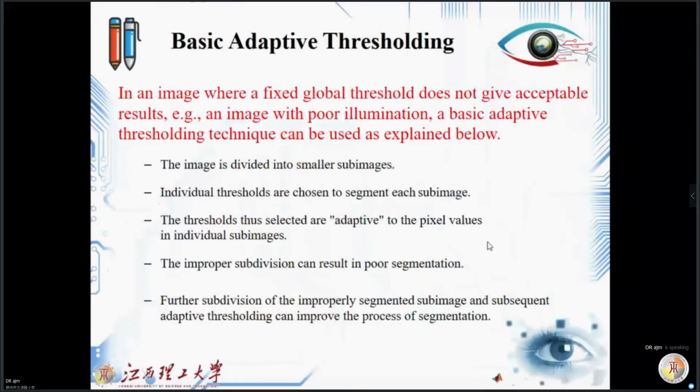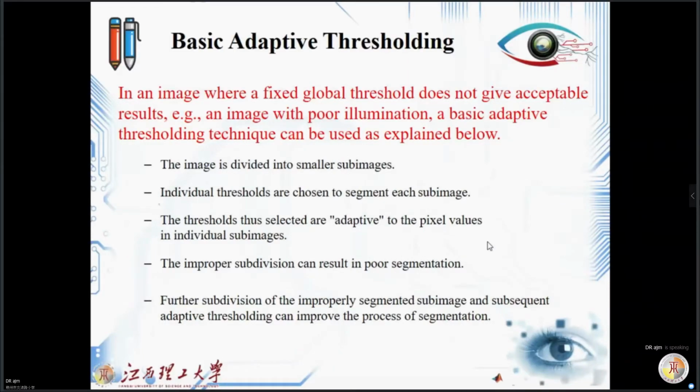Then another thresholding method was adaptive thresholding. In an image where we have a fixed global threshold, this algorithm does not give an acceptable result, for example, an image with poor illumination. A basic adaptive thresholding technique can be explained with the algorithm that I bring below.